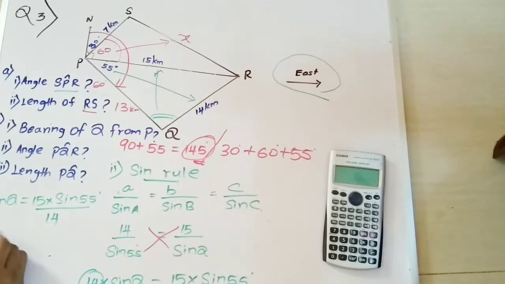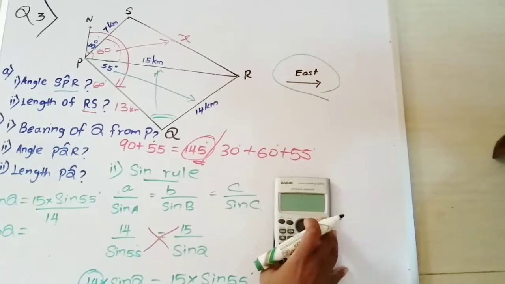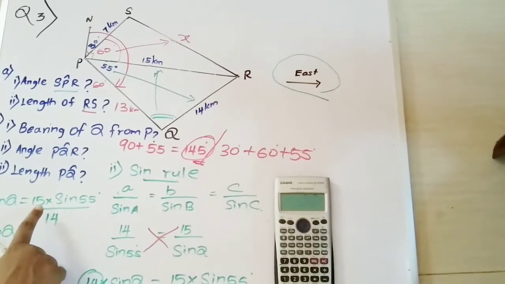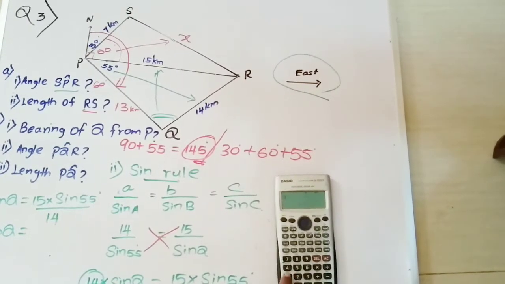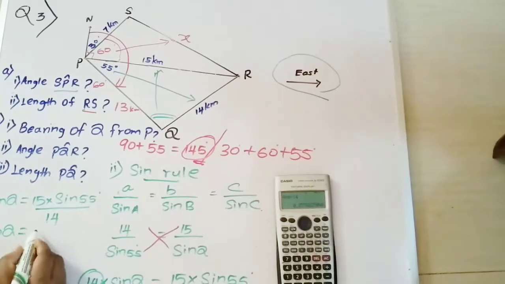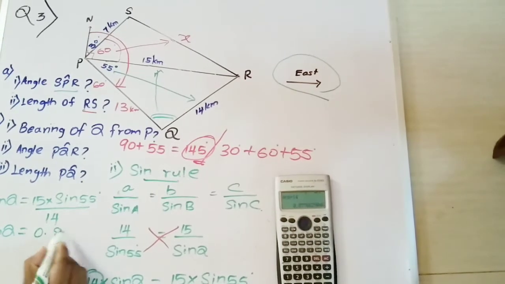Let's calculate it: 15 into sine 55, and the answer should be divided by 14. Then it's 0.87766.